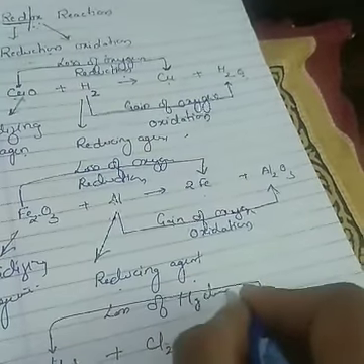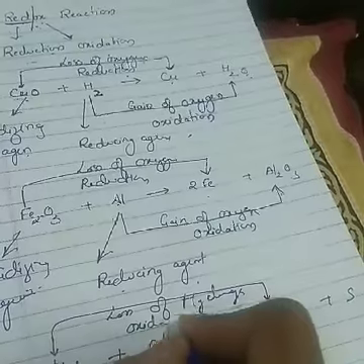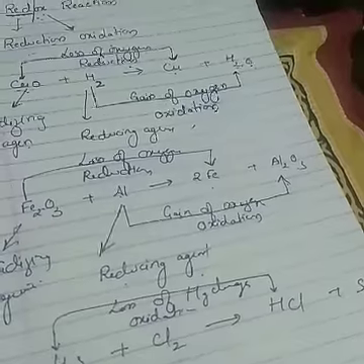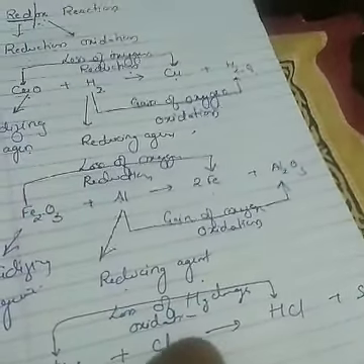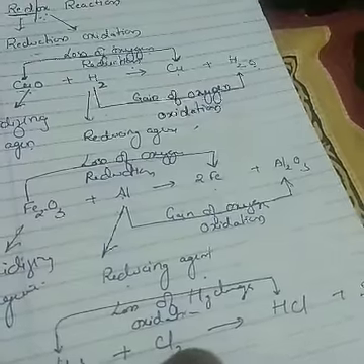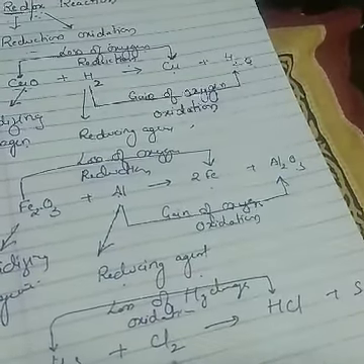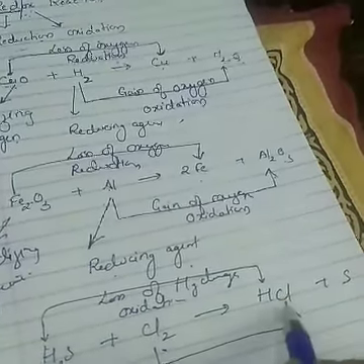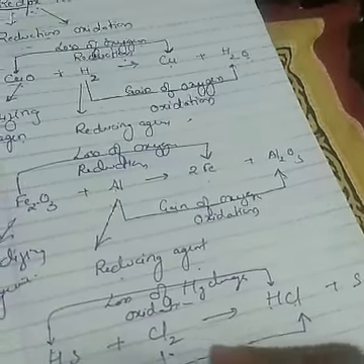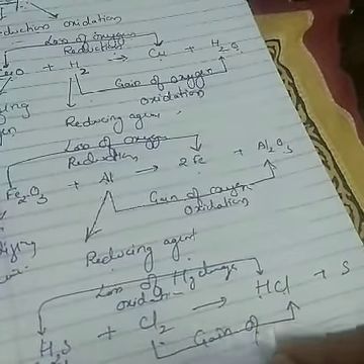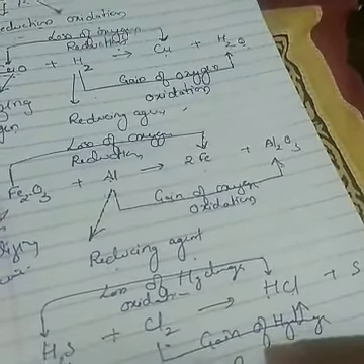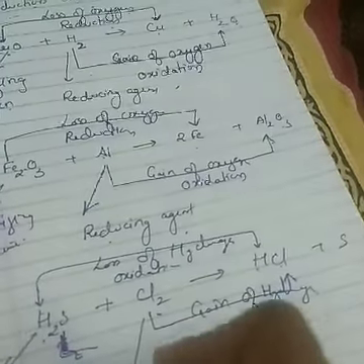Loss of hydrogen is oxidation. Then H2S is the reducing agent. Now chlorine has been changed to hydrochloric acid, which means hydrogen has been added to the chlorine. So this is gain of hydrogen. Gain of hydrogen is reduction, and chlorine is the oxidizing agent.